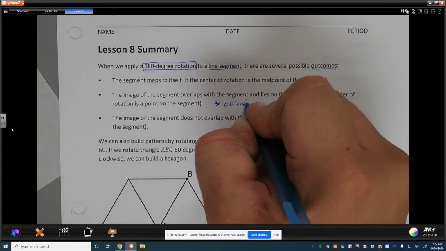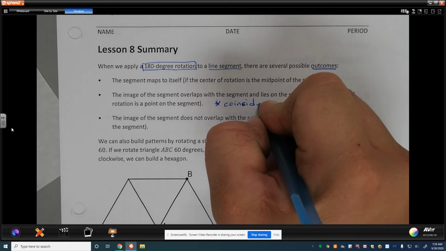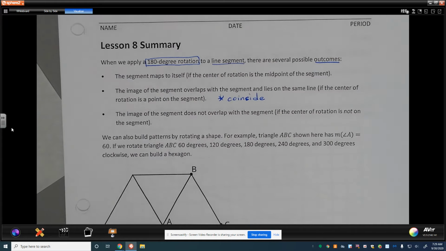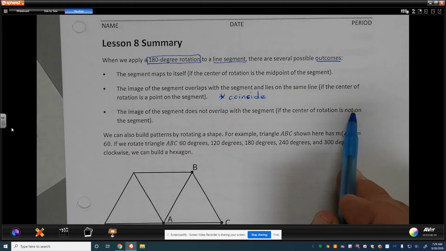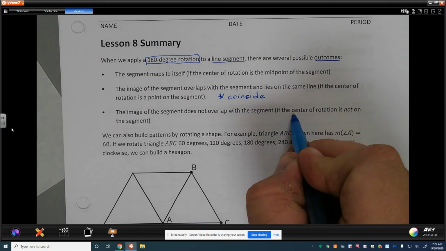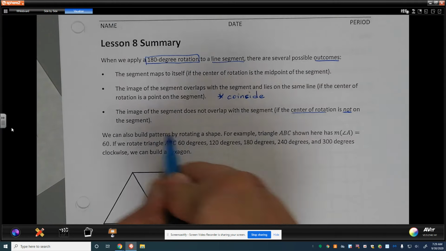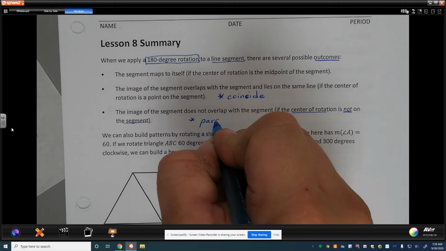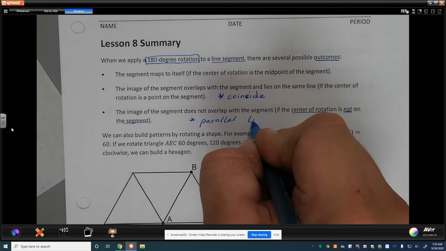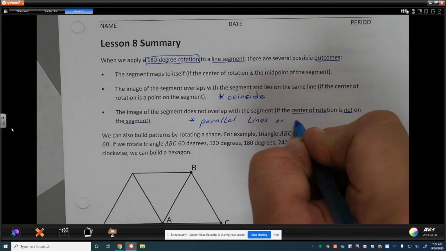Coincide. Where it coincides with it. And then finally, the image of the segment does not overlap with the segment if the center is not on there, right? So if the center is not on the segment, then our consequence that we saw there was parallel lines or segments.